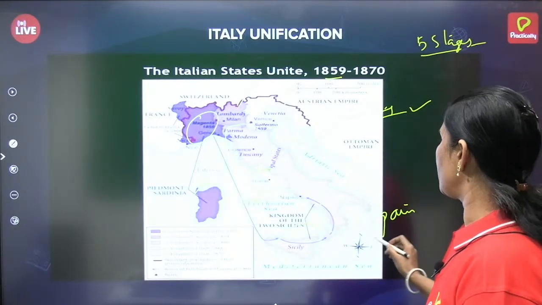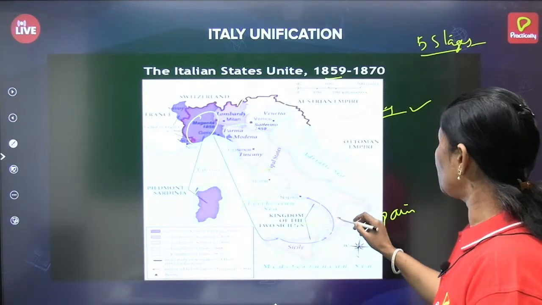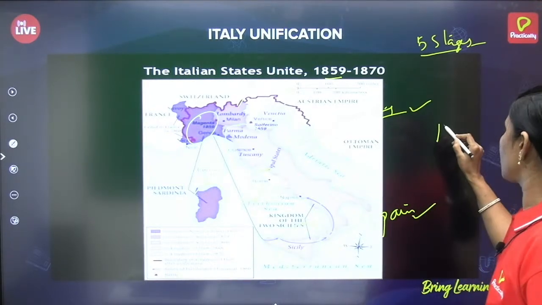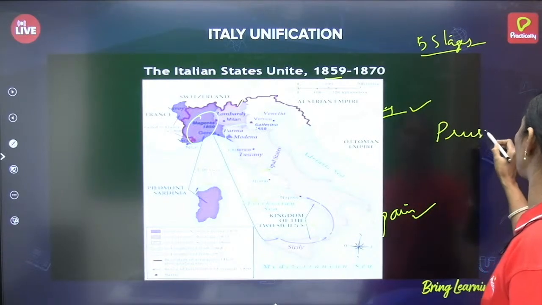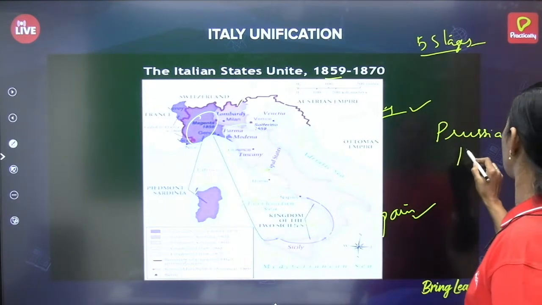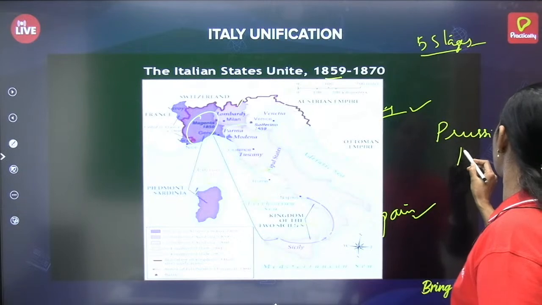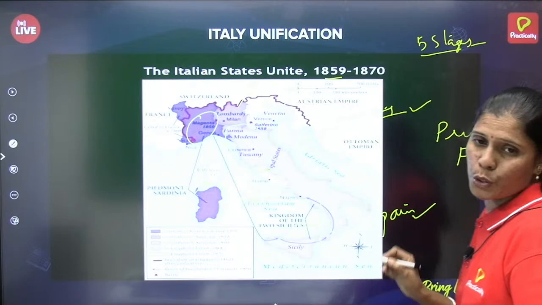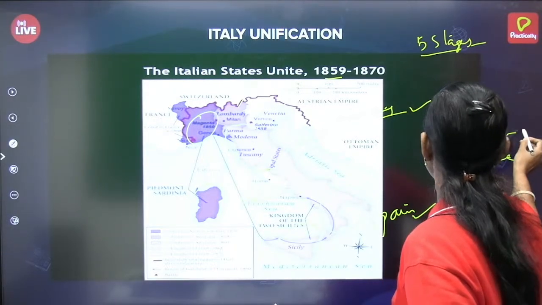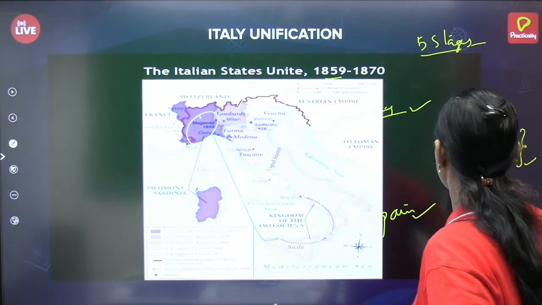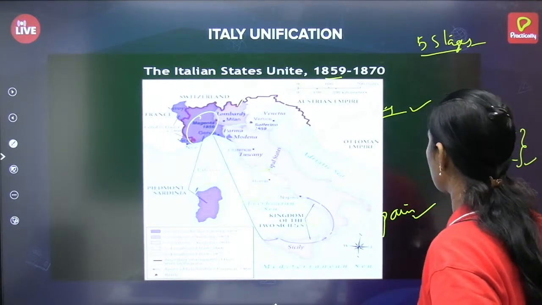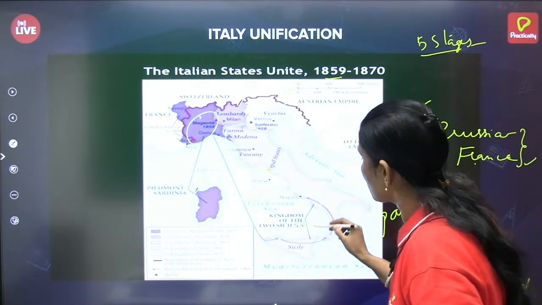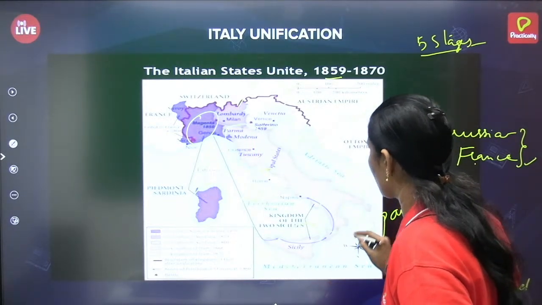You can find here Spain, Two Sicilies, which were under Spain during the Franco-Prussian war. During this war, when France was involved in war with Prussia, Bismarck suggested that Cavour occupy Two Sicilies.